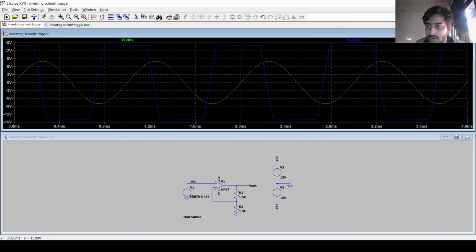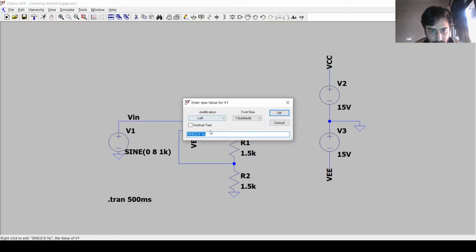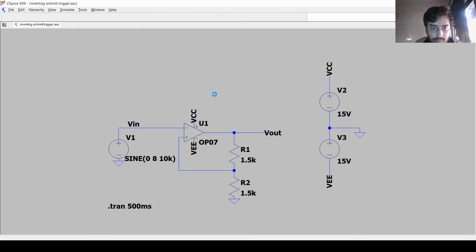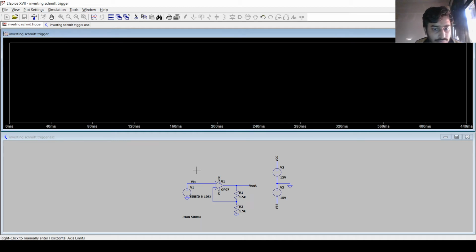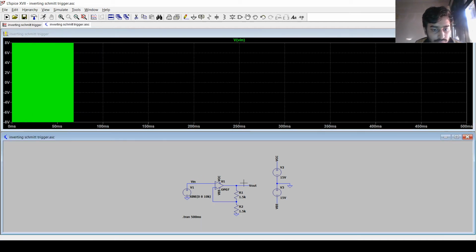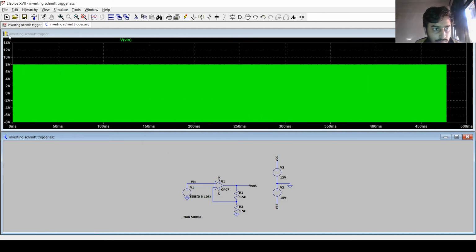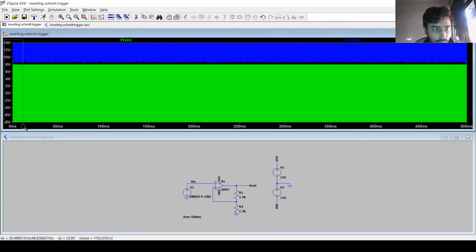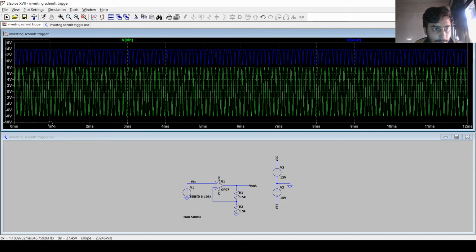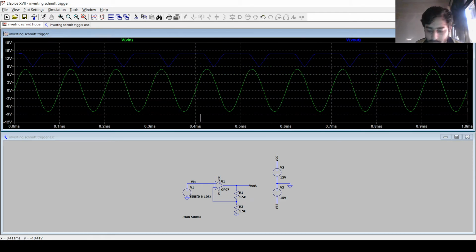So now let's run for 10 kilohertz frequency. We can see that there is distortion in the output waveform at frequency 10 kilohertz.